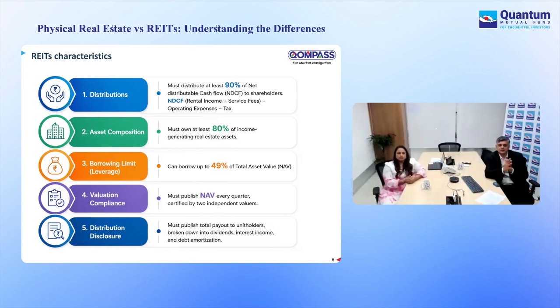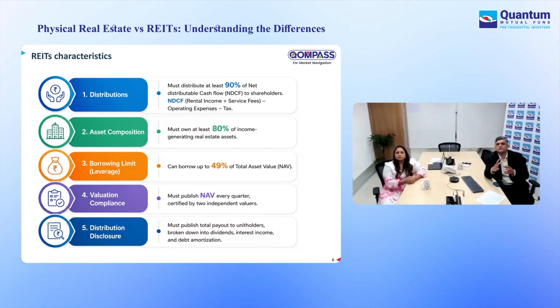So these REITs typically cannot reinvest for growth. If they are to pursue growth, they'll have to come back to the unit holders and tell them that we are raising money from you again, either in the form of a QIP or rights issue or something of that sort, and only then can they acquire more assets. They will not acquire assets from the existing annual profits.